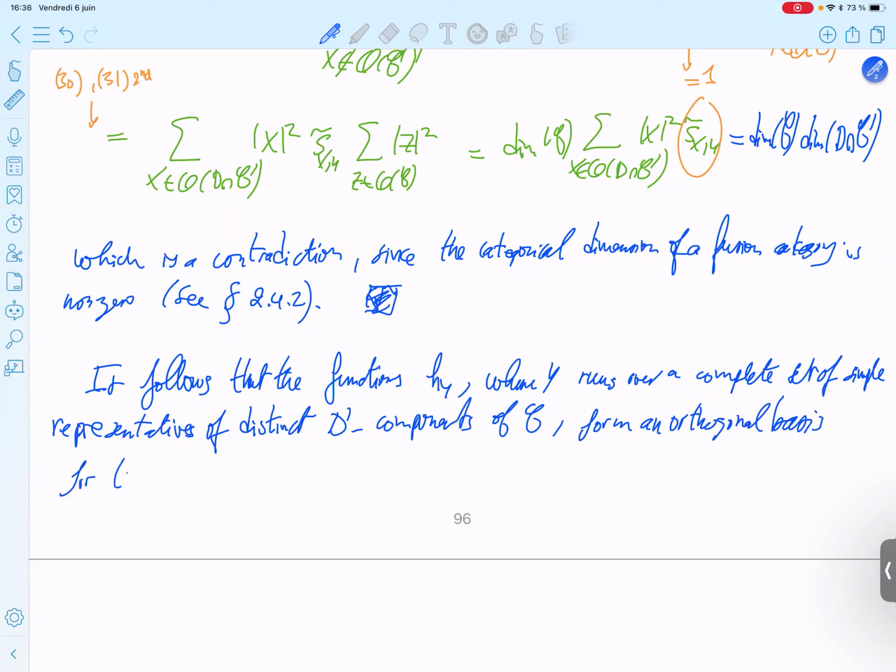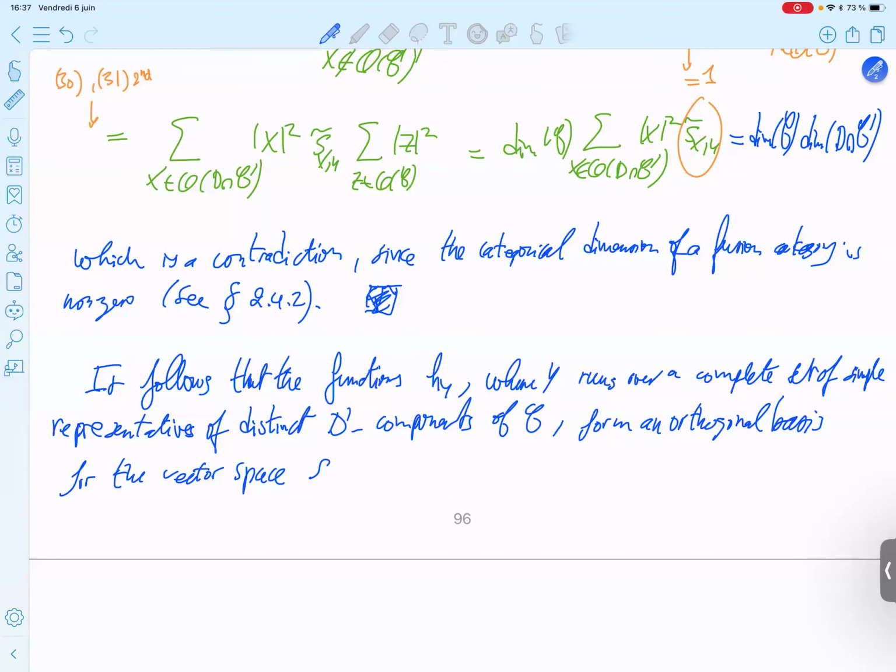For the vector space generated by the columns of the matrix S tilde index D, where we identify the column with the function.